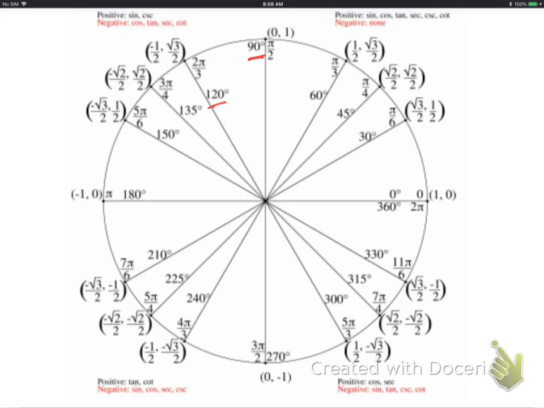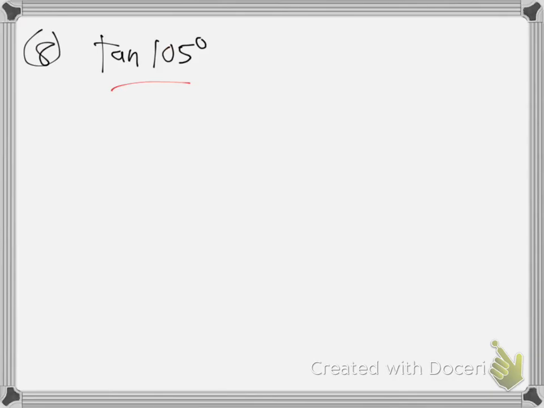Here's 90. Here's 120. 105 should be between them. It's not there. So there's no way to get an exact value straight off the unit circle for 105 degrees. We can use our calculator, but that's just an approximated decimal. How am I going to get the exact value for tangent of 105? I'm going to have to use some trickery.